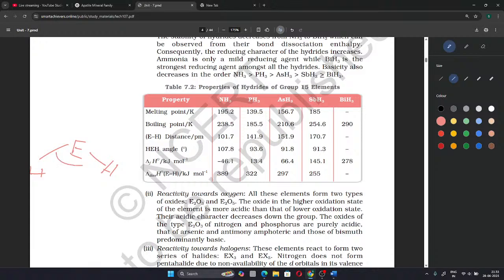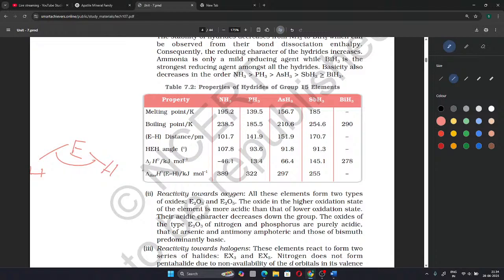I believe this angle is 107.8 degrees in case of NH3, where the structure is tetrahedral, but it is 93, or in the 90s, for phosphorus, arsenic and antimony.